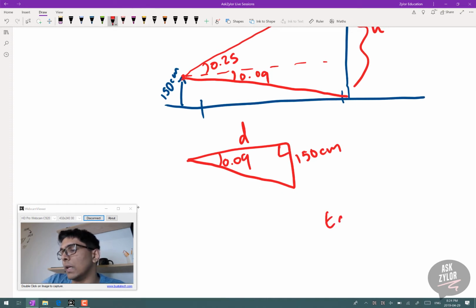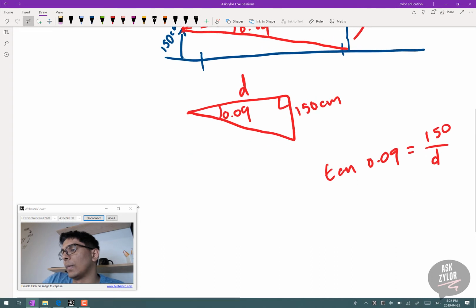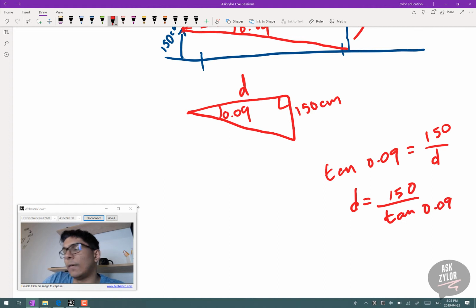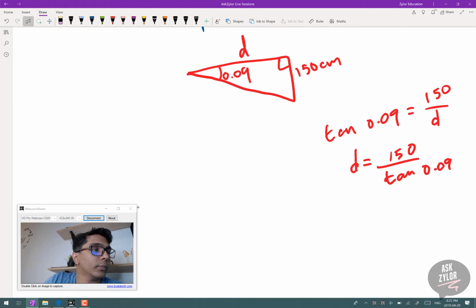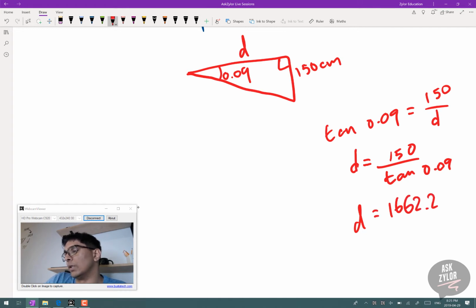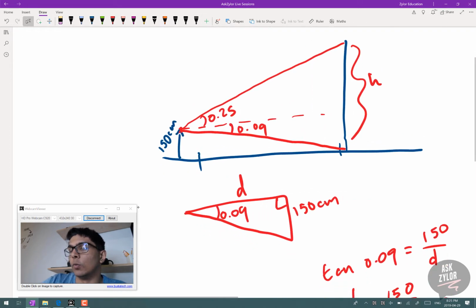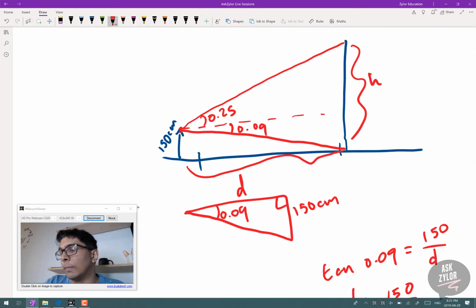So I can say tan of 0.09 is going to be 150 over my adjacent, which is d. So my distance is going to be 150 over tan of 0.09. So my distance ends up being 1662.2 centimeters. So what we found was the distance between the person and the flagpole so far.